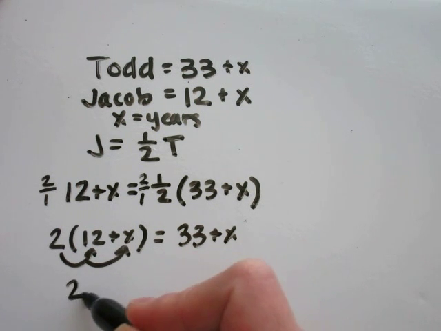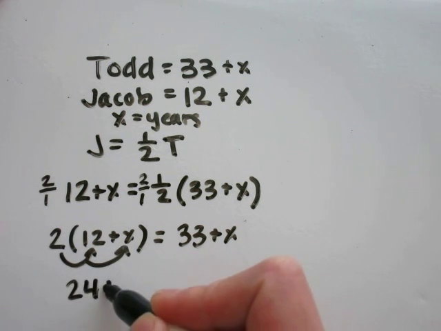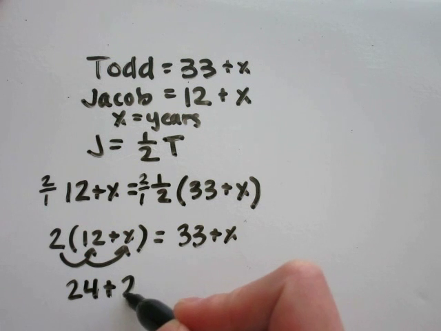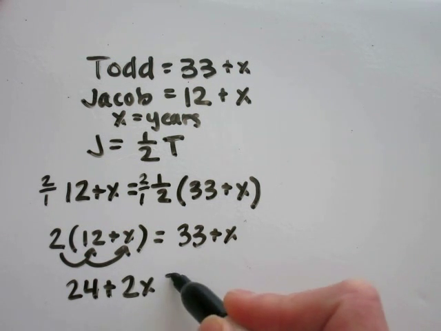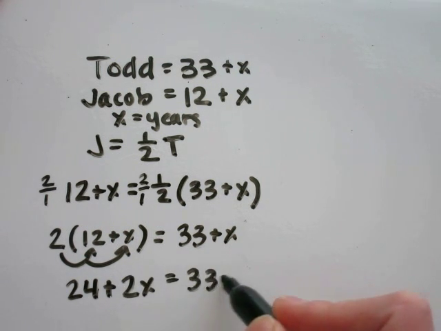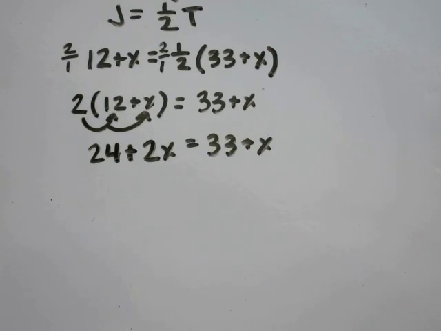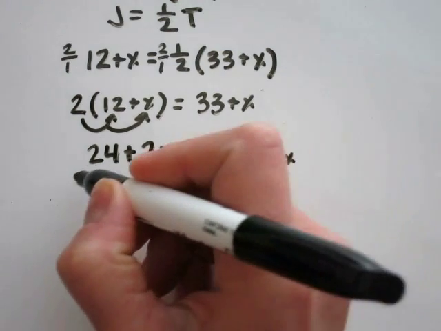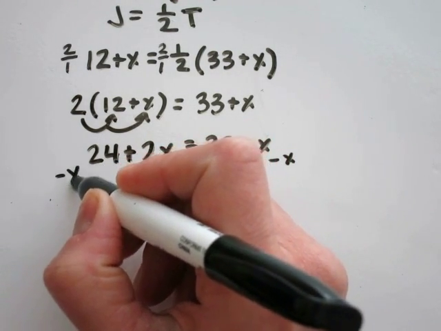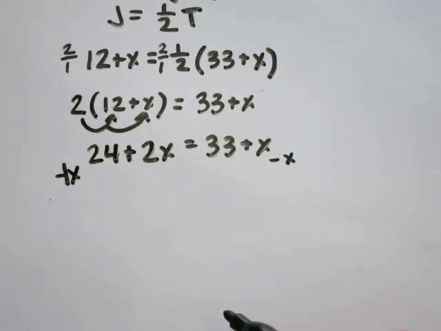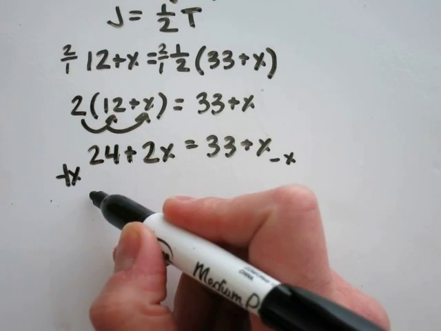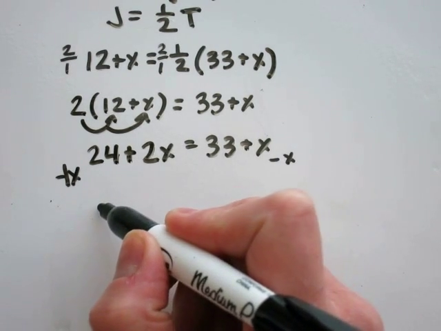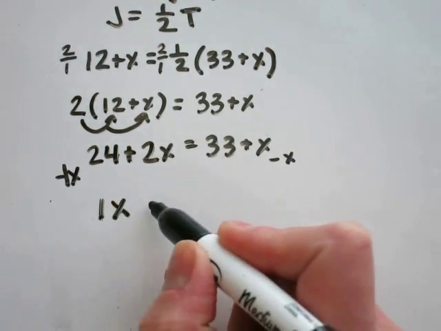Distribute. 2 times 12 is 24. 2 times x is 2x. Now I want my x's on the same side of the equation, so I'm going to subtract x from each side. It's the same as a negative 1x. Negative 1 plus 2 is 1x.